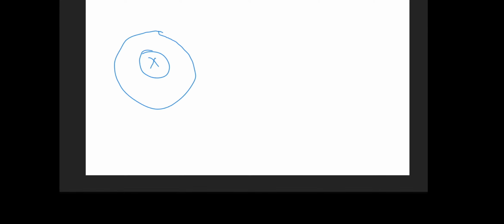Then we have conductor 2, same direction, so the magnetic field is also going clockwise. Now we are going to put a compass at these two points, and we're going to show you why it's attractive or repulsive.